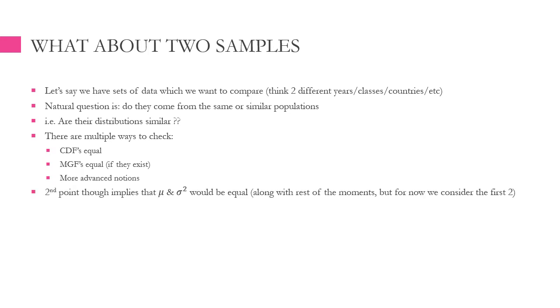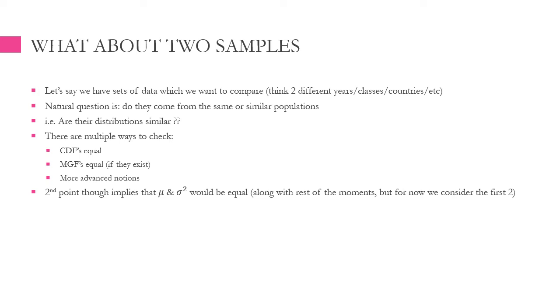So if the MGFs exist and if they are equal, then it implies that mu is equal, because mu is just the first derivative of the MGF evaluated at 0. It would also imply that sigma squared is equal, because sigma squared is just the second moment minus the first moment squared, and the second moment is just the second derivative of the MGF evaluated at 0.